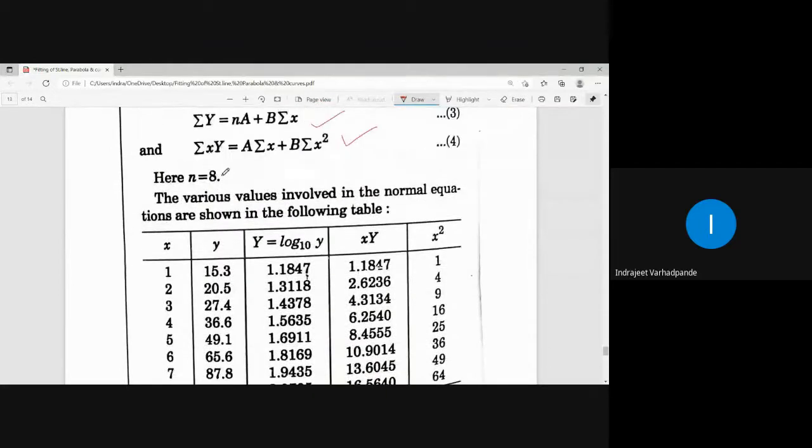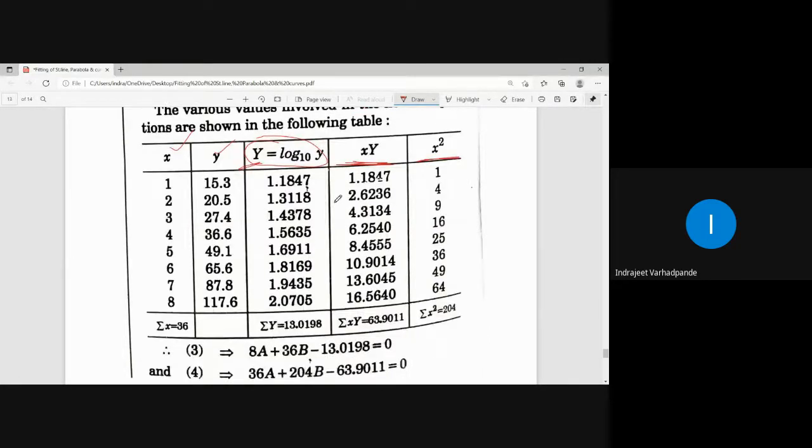Here n is equal to 8, already we know. Small x is given, small y is given. I require only the summation of capital Y. So generate capital Y, take the product small x into capital Y, take the value for x square, add them together, we get summation capital Y, summation small xy, summation x square.